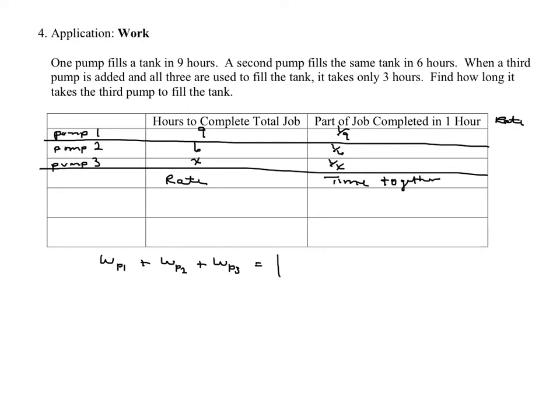Okay, so let's do pump 1 here. What's the rate? 1/9, right? What's the time together? 3. Very good. So when I multiply those together, 3 times a 9th will be 1/3, right?